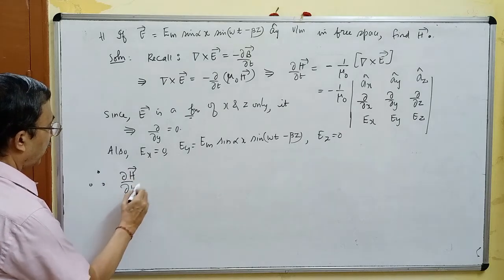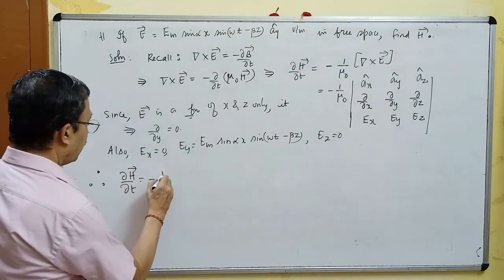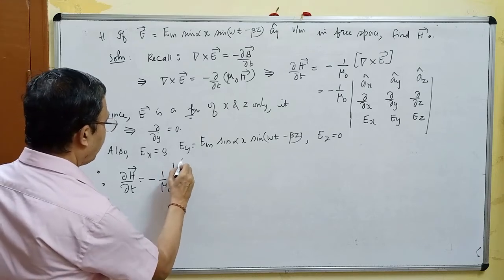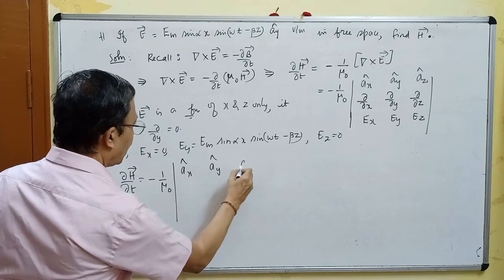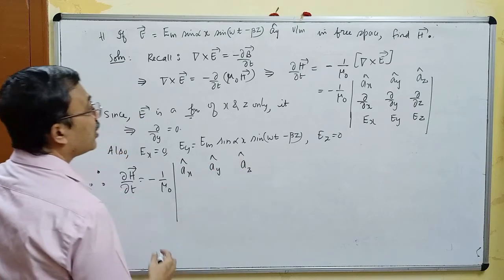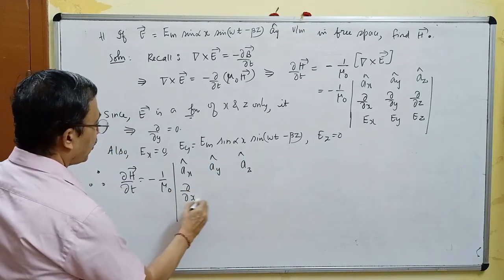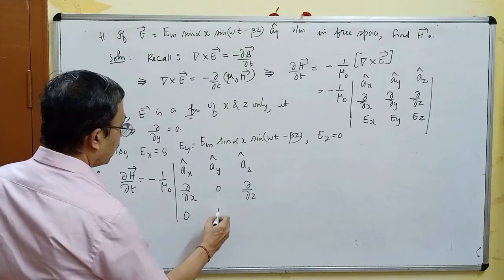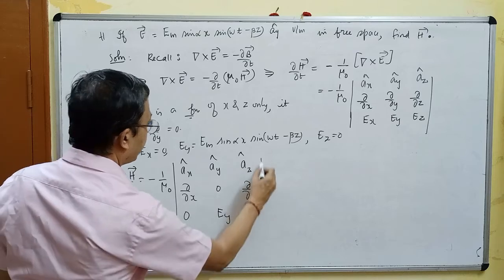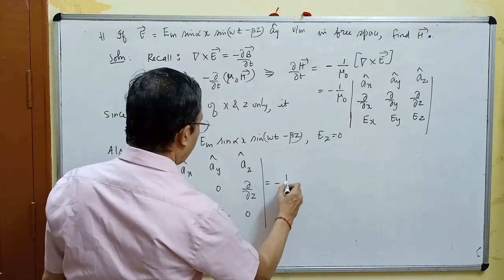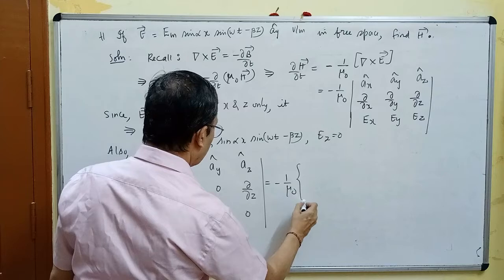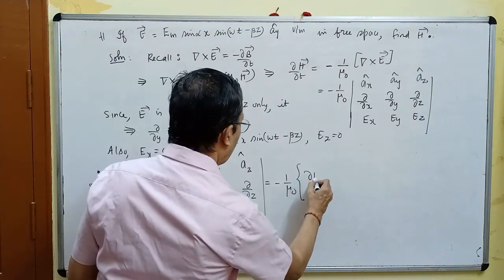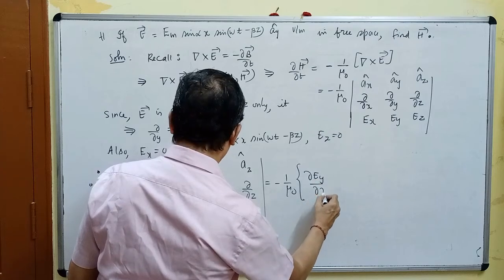Therefore, vector dou H by dou t is equal to minus 1 over mu naught into the determinant with rows Ax cap, Ay cap, Az cap; dou by dou x, 0, dou by dou z; 0, Ey, 0. So this is nothing but minus 1 over mu naught into Ax cap into dou Ey by dou x.